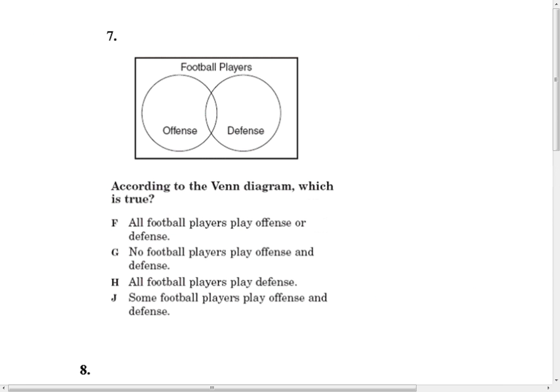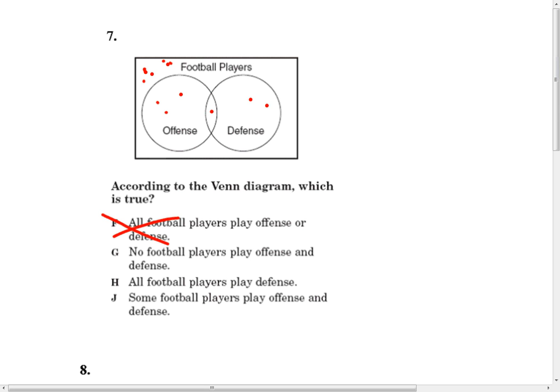More Venn diagrams. If there is a space, something or someone is in it. So I know there's football players out here, there's football players in here, and in there. Otherwise, those spaces wouldn't be presented to you. So do all football players play offense or defense? No, there's some football players out here in this universe.